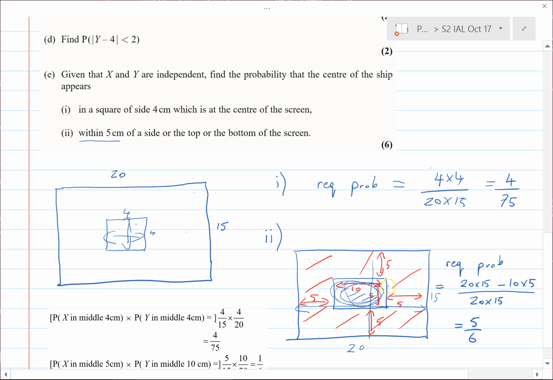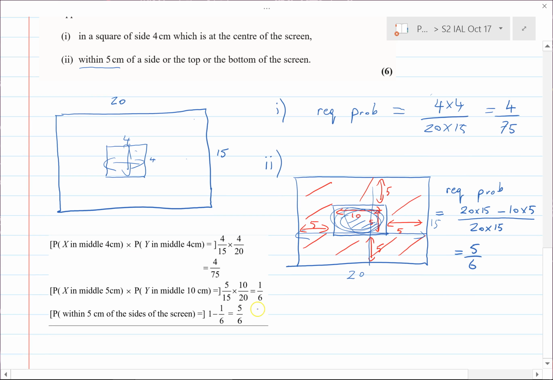So the square in the middle, because this is 5 and this is 5, has to be 10 by 5. So I've used areas again. The whole area is 20 times 15. Take away the red area, 10 times 5, divided by the whole area, which is 5 over 6.